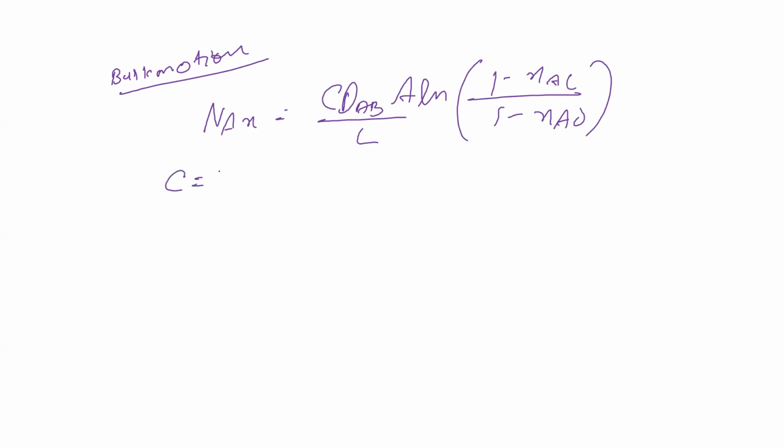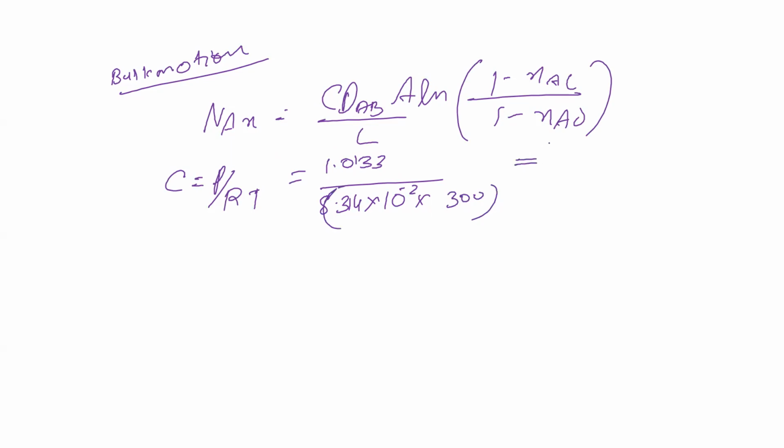So C equal to P by RT, which is equal to 1.0133 by 8.314 into 10 raised to minus 2 into 300. If you substitute that, you will get the value to be 0.04063 kilomole per meter cube.